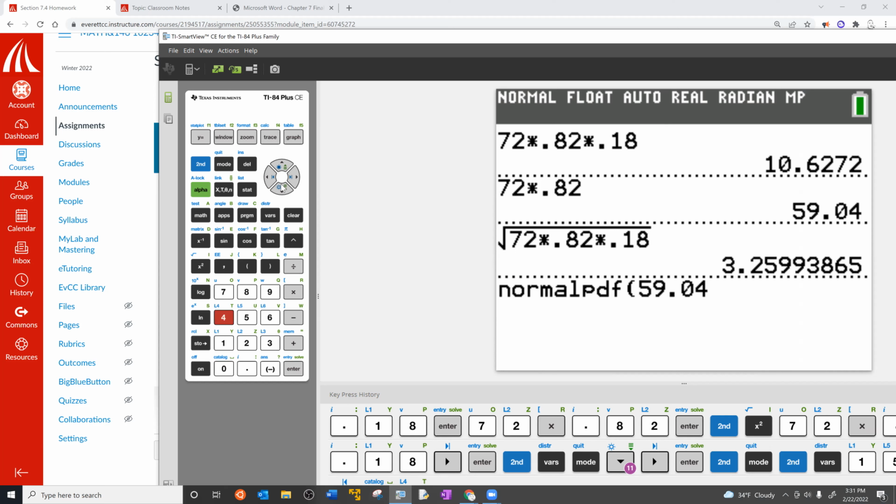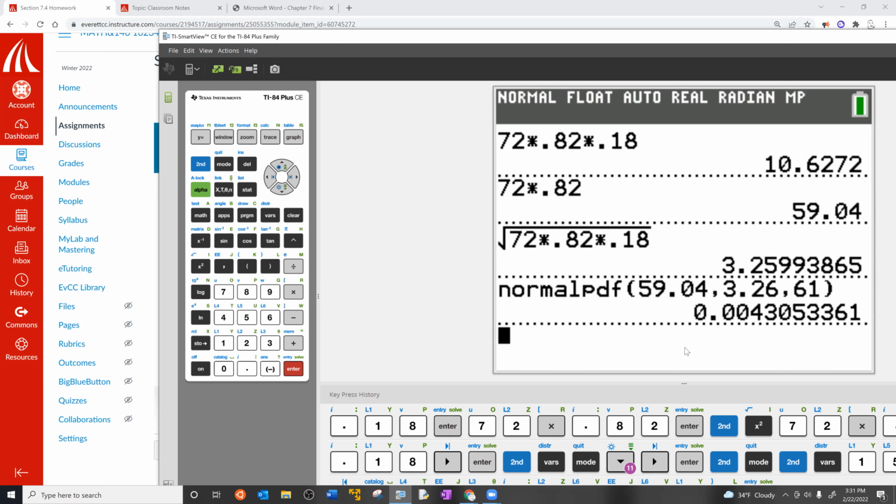Actually, I think they want our X value first. Standard deviation 3.26, and then the X value is 61. Hopefully we got the order right. 0.0043.